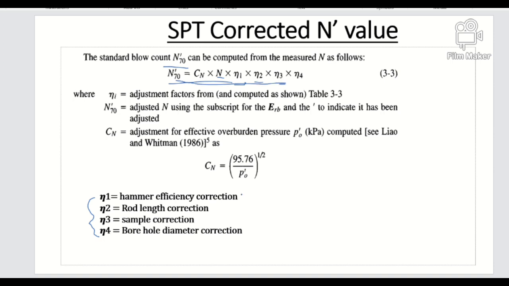So it depends on the field test equipment or condition.